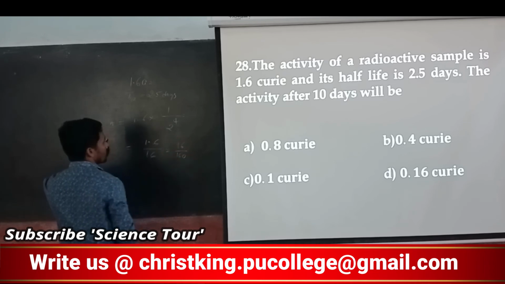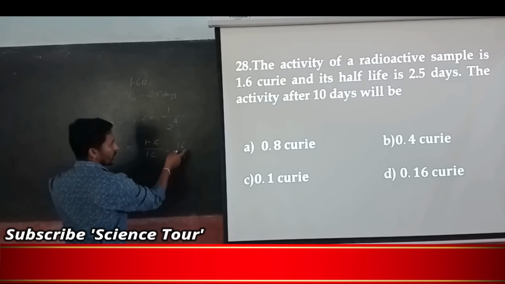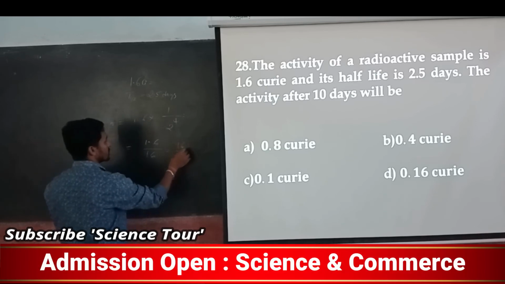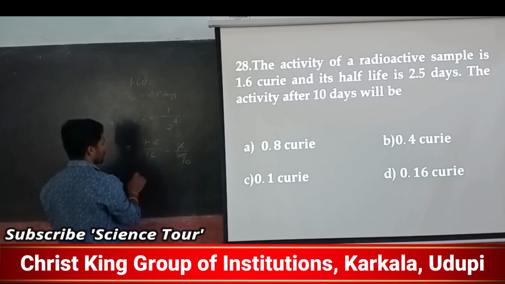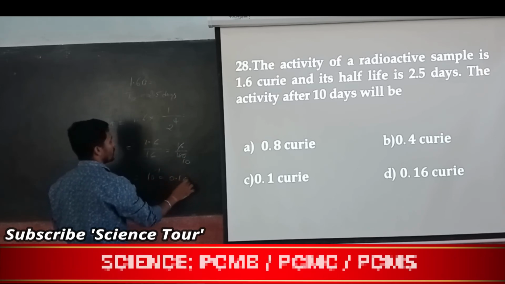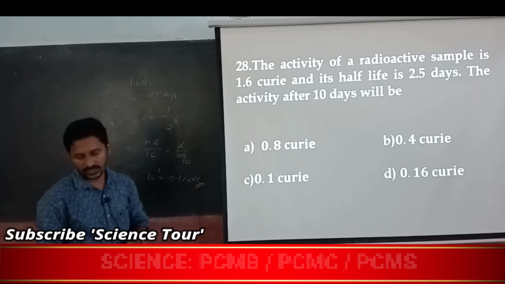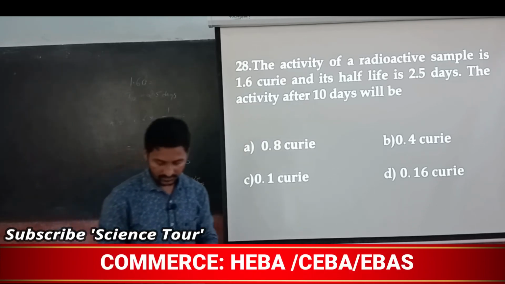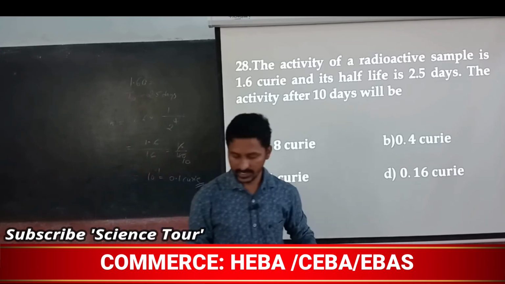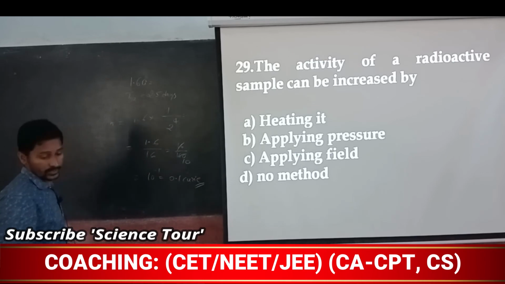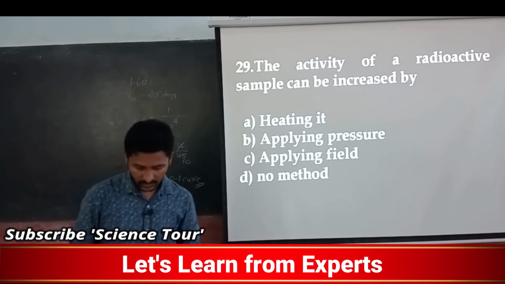It becomes 1 by 10, that is 10 to the power minus 1, which is equal to 0.1 curie. This is the option, and we have got 0.1 curie as the answer. Go to the next question, look at the board, and find out the answer.